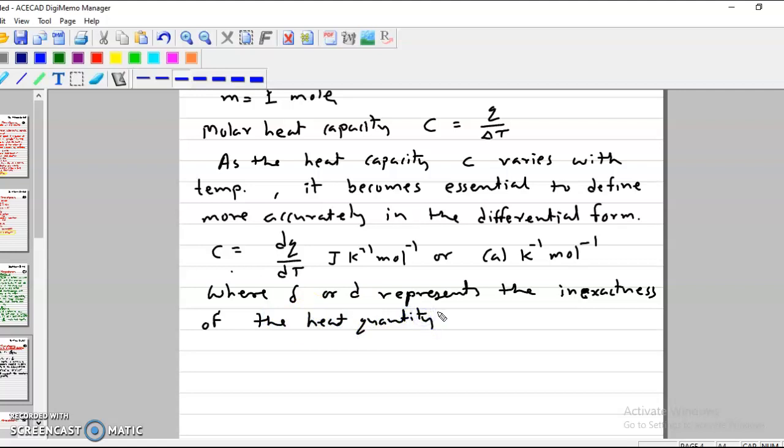And therefore, we need more conditions. So therefore, we have to impose certain conditions.